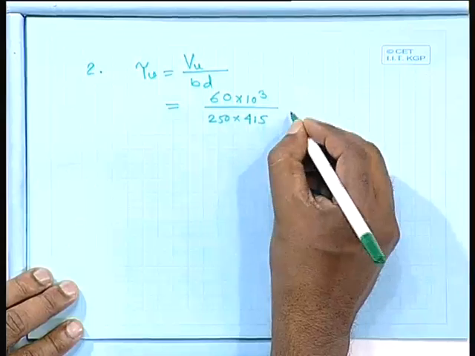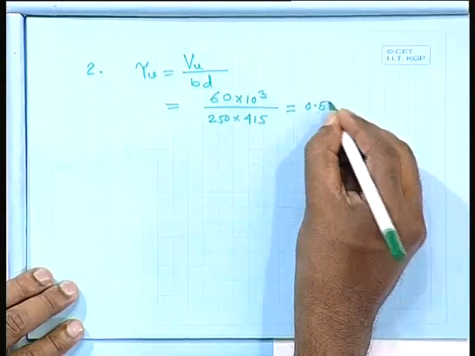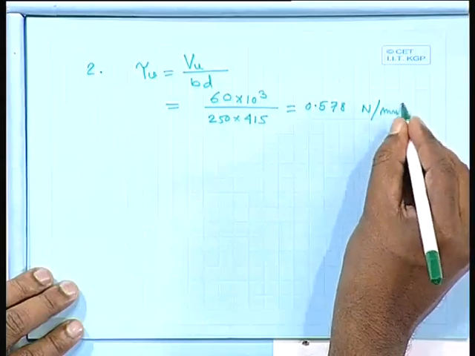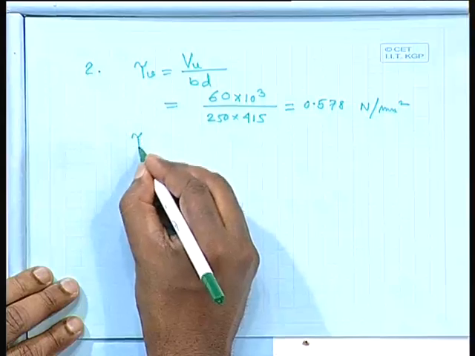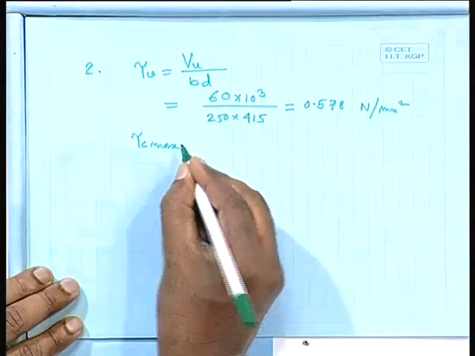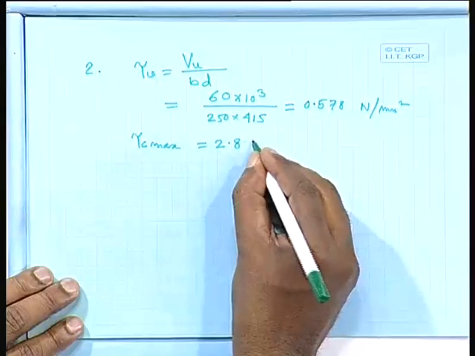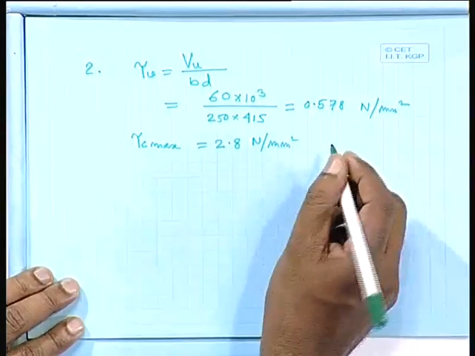This 415 is the effective depth, please note, not the one for steel. It is 0.578 Newton per square millimeter. Tau C max from table 20 of IS 456 2000 comes as 2.8 Newton per square millimeter, tau V less than tau C max.